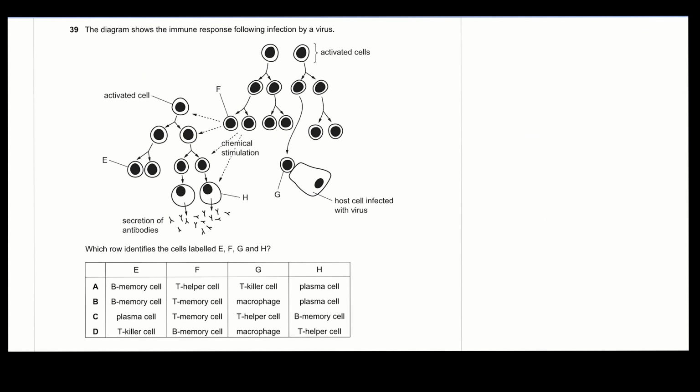Number 39. The diagram shows the immune response following infection by a virus. Which row identifies the cells labeled? Let's start with the most easier and obvious one. For G, we can see that a cell is attached to a host cell infected with a virus and almost looks like it's going to kill it in some way or shape or form. This is definitely cytotoxic or killer T cells.